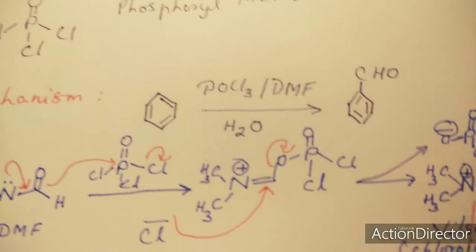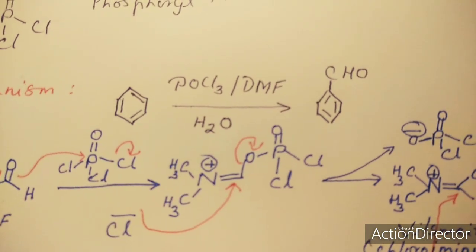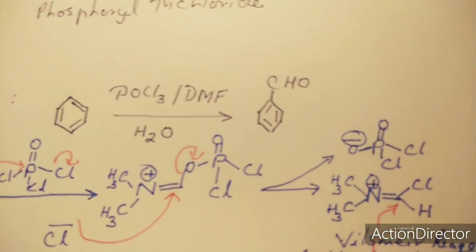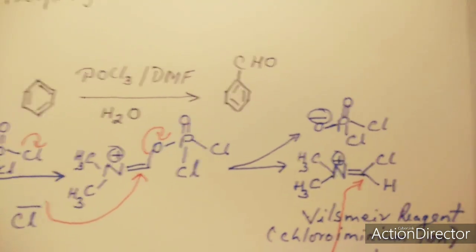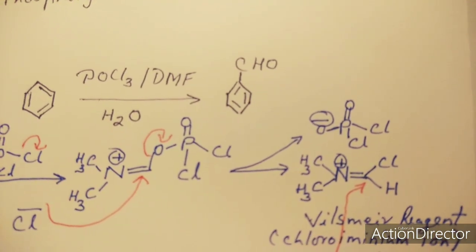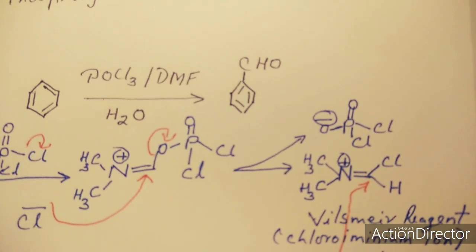So we have got a chloroiminium ion. This has been formed, and this is the active reagent because nitrogen is having a positive charge. So this is the active reagent known as the Vilsmeier reagent.